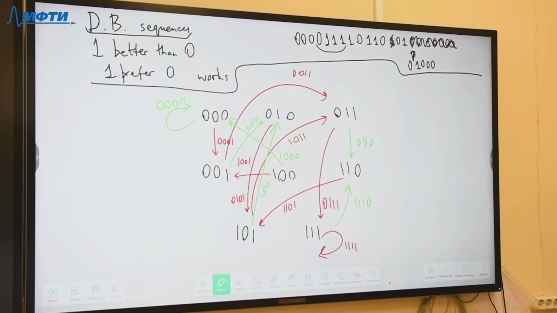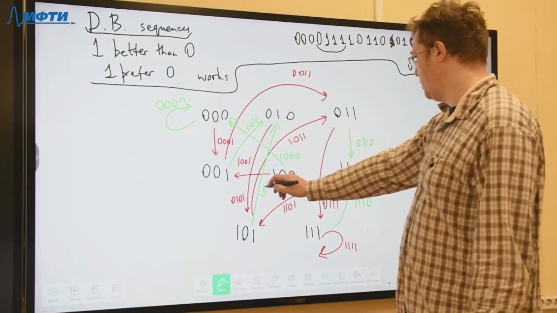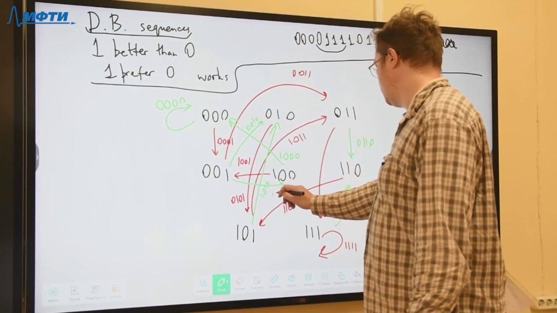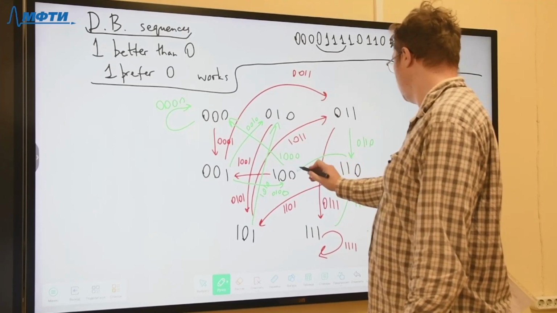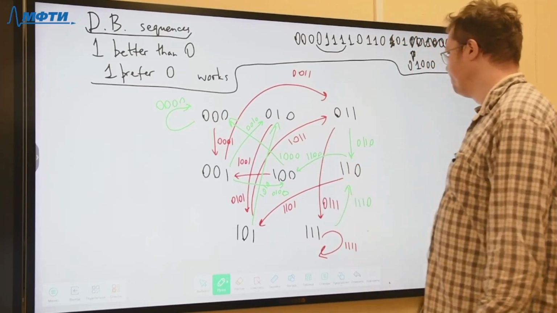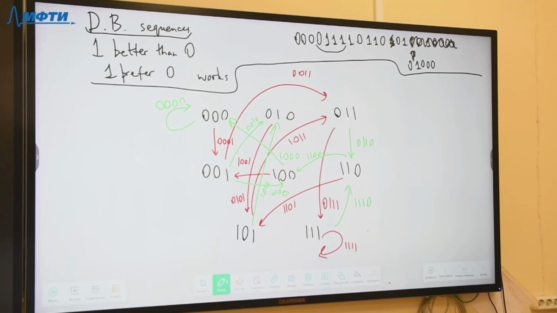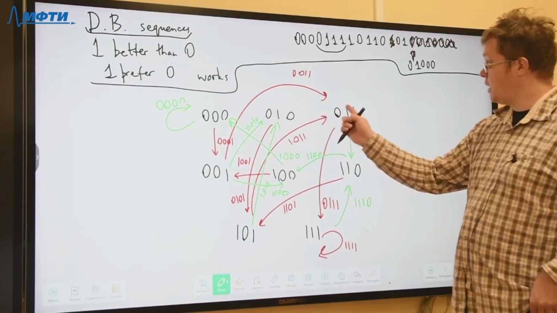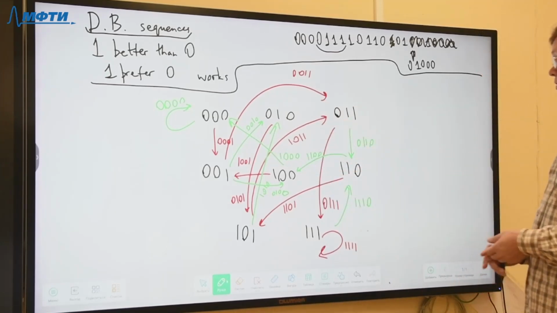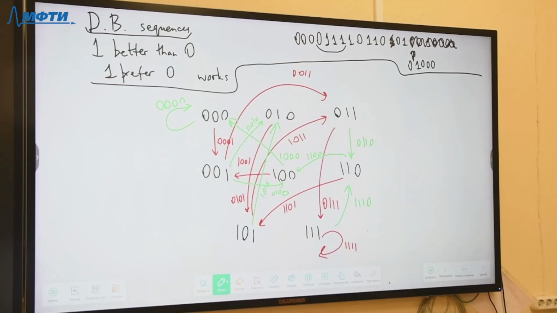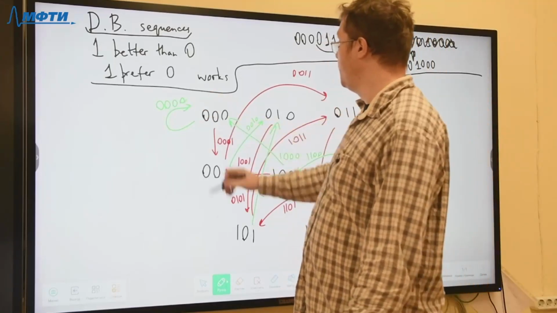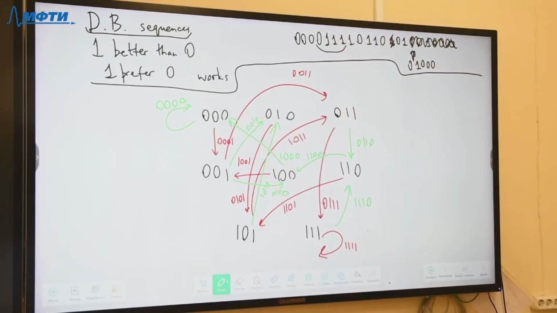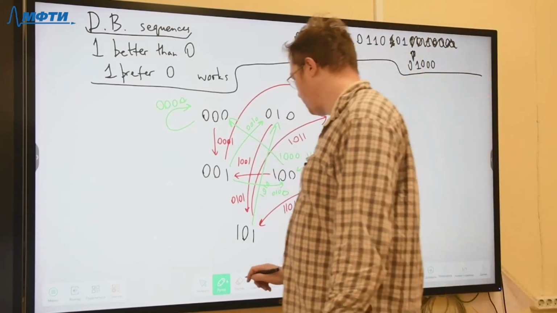Yeah, and for this one, I will have 0, 1, 0, 0, and 1, 1, 0, 0. And so we see that the red edges and green edges all form 3. And so if I start with 4 zeros, and then every time I will prefer, I will first write red edges and then green edges.